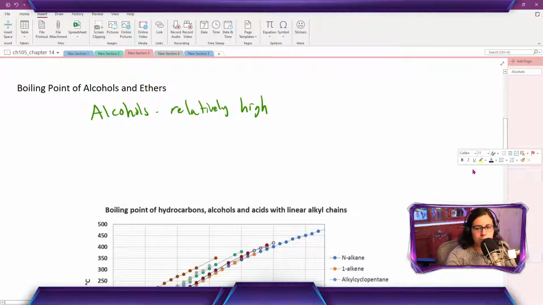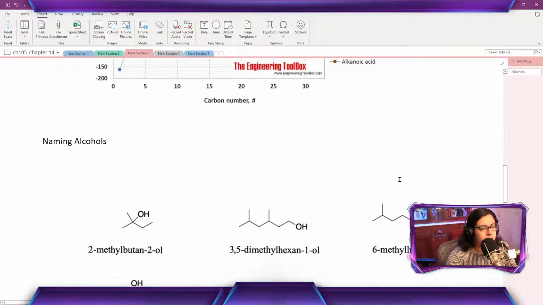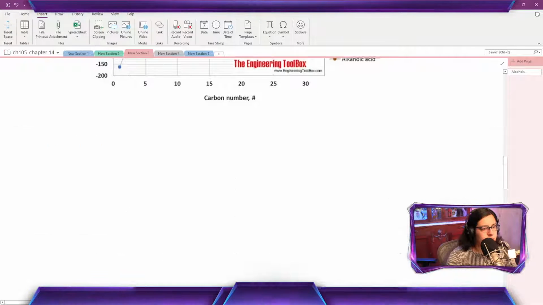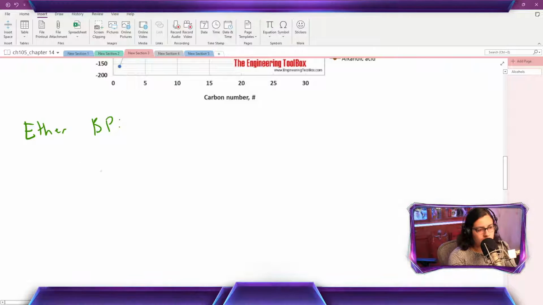Again, that's due to their polarity and hydrogen bonding. But let's look at ether boiling points. So ethers, we said, are anything that kind of looks like this.